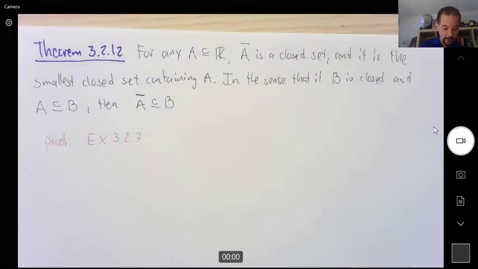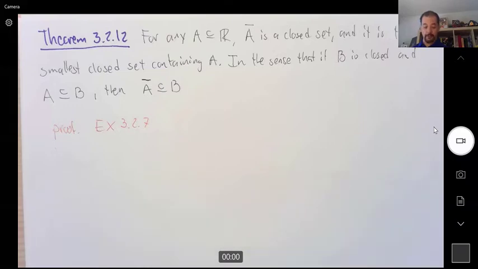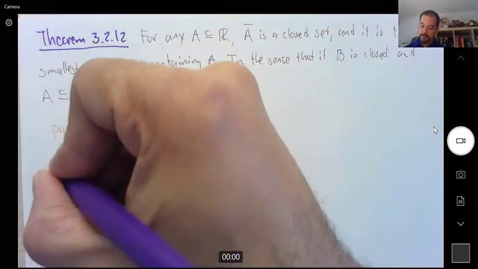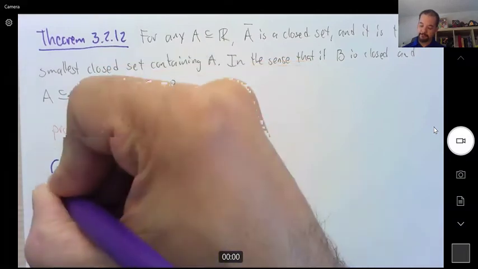What I wanted to talk about is the way open and closed sets are related. This is, in my opinion, the most important part of the section. They are related by means of complements.